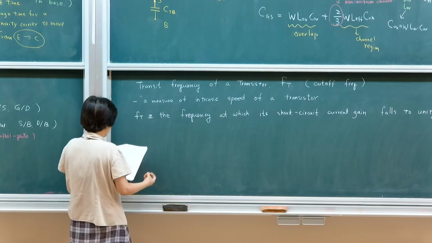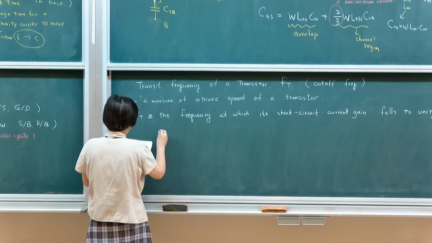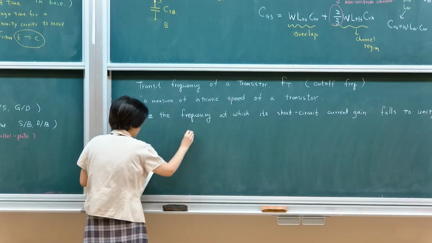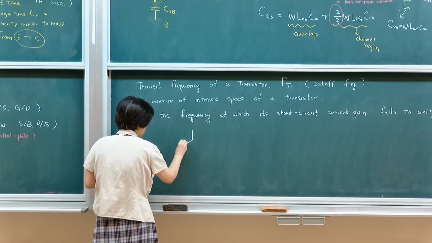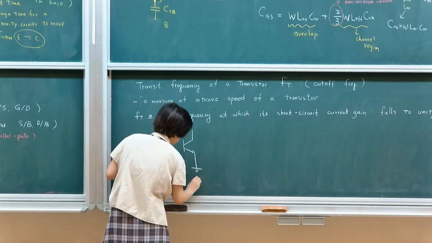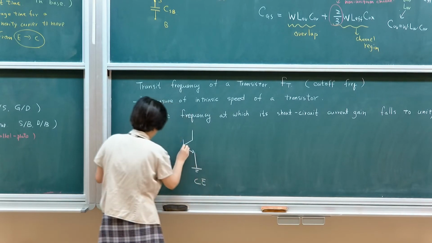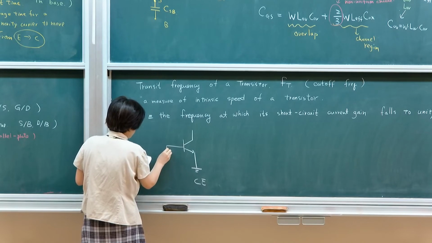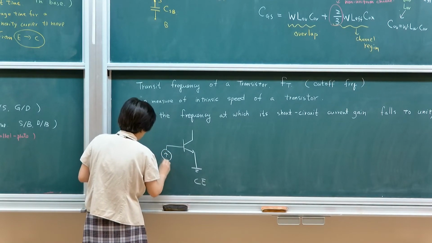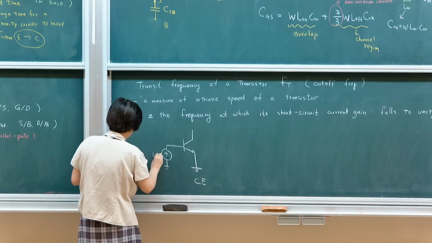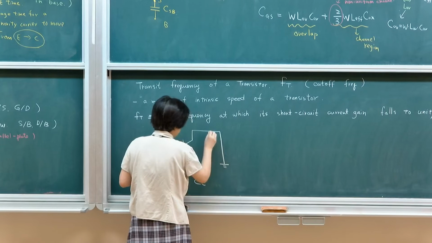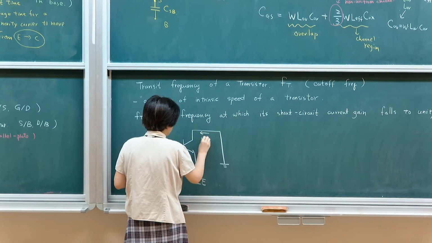So the way to test this is this. For bipolar, we simply use a CE stage, because this is where you get the maximum current gain. You inject I in, and short circuit, meaning that you short the output, to get your maximum current.